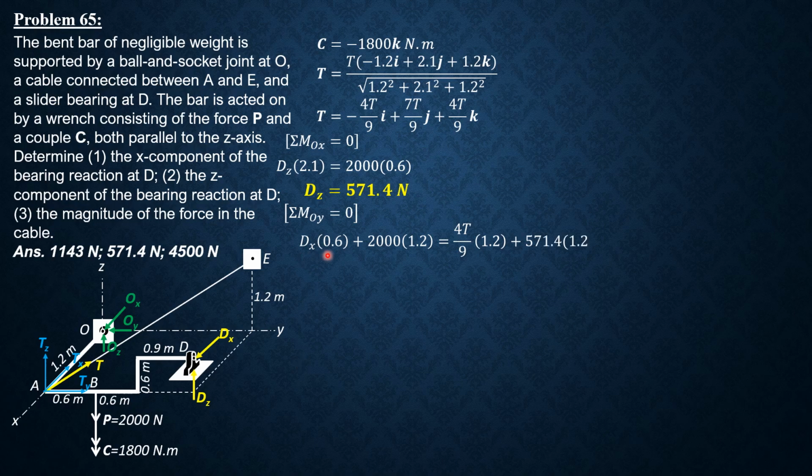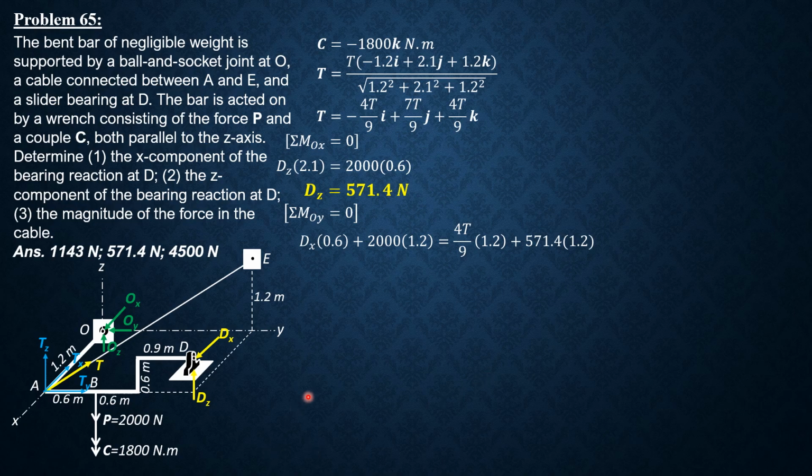So again, dx times 0.6 plus 2000 times 1.2 then equals Tz, which is 40 over 9, moment arm 1.2, plus dz, which is 571.4, moment arm is also 1.2.